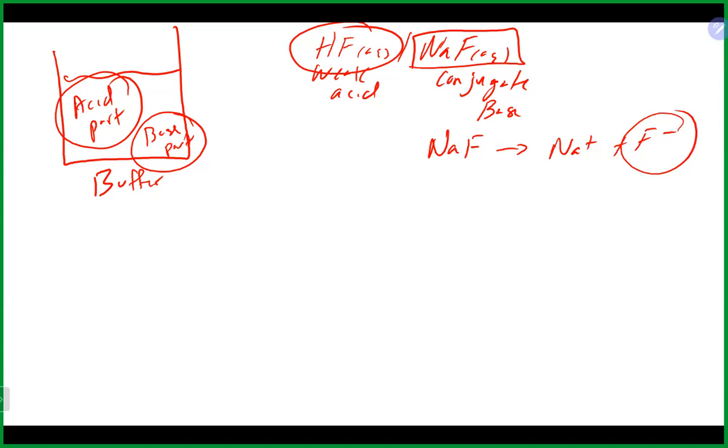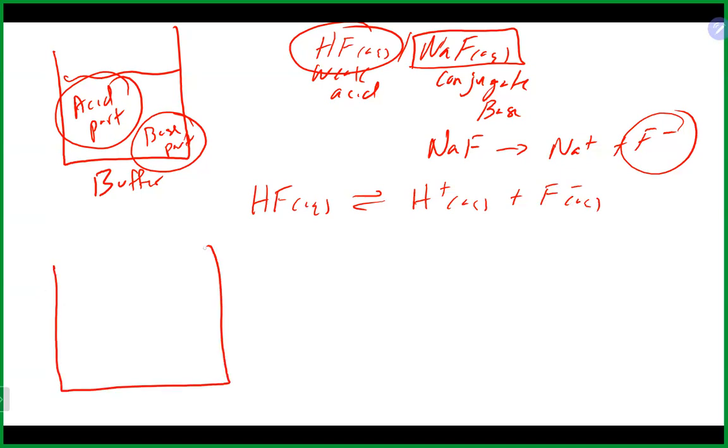Well, because this is a weak acid, this is a weak electrolyte, which means when it is in solution, it's going to break apart a little bit into these two things. And it's going to set up this equilibrium, which is essentially in this beaker going to keep HF and F minus present in the actual beaker to start with.